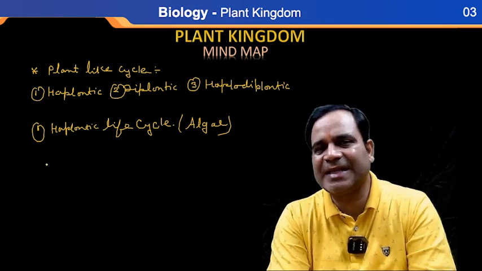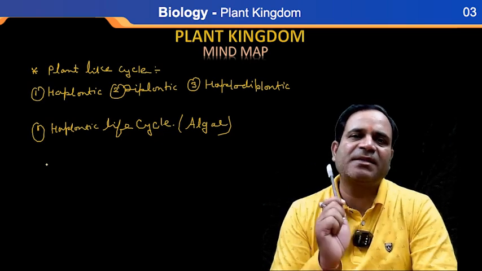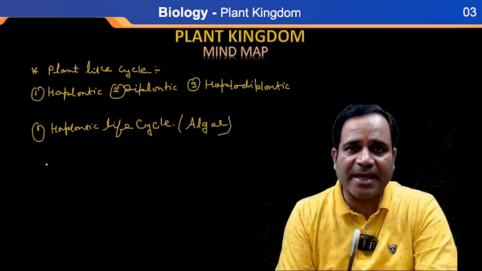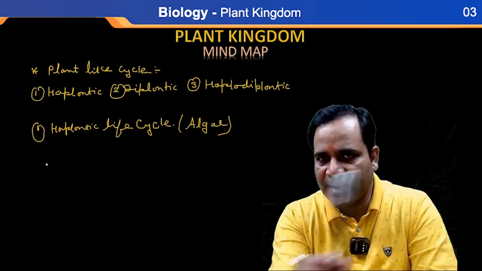One is gametophyte and the second is sporophyte also. If I say the plant which is more dominant, which is green in color, that is the gametophyte.